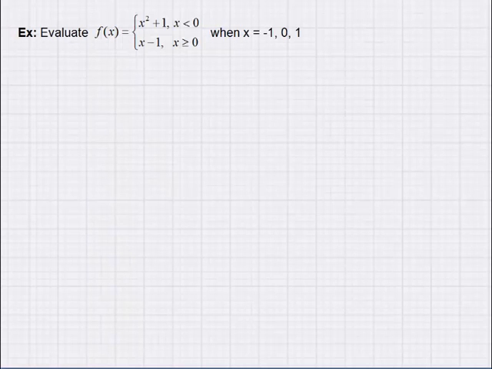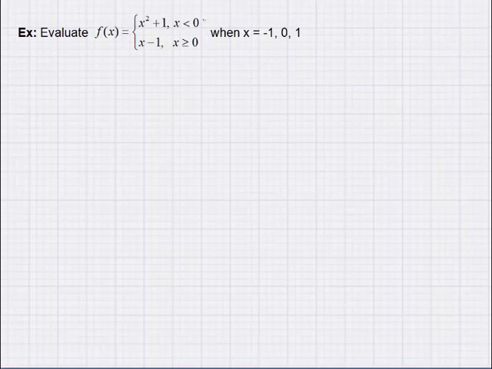Okay, here's another tricky one. This function right here is what we call a piecewise function. We'll talk more about this piecewise function in the next section, but this piecewise function has two functions associated with it essentially. Now these functions have specific domains.